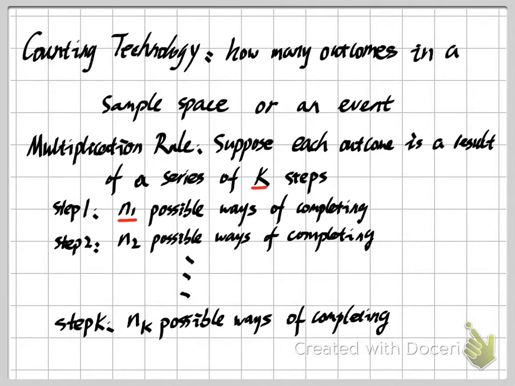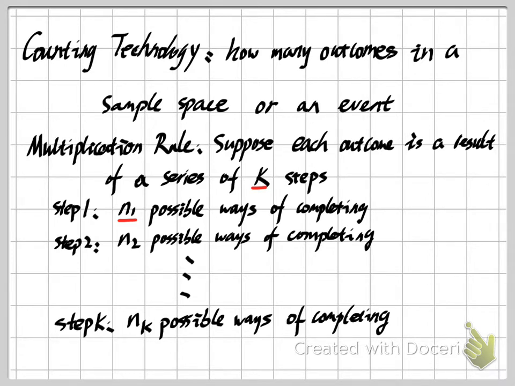Until the last coin, n sub k is also equal to 2. This is an example where n1 until nk are the same number. Of course, they can also be different numbers.